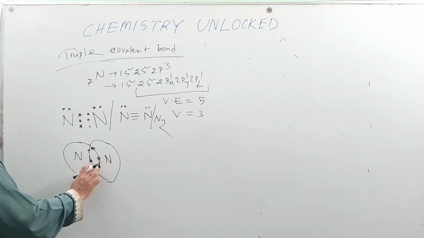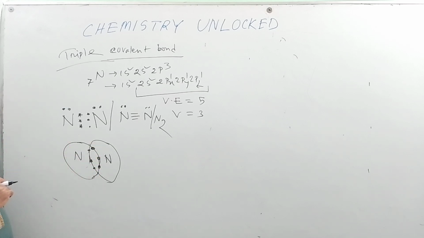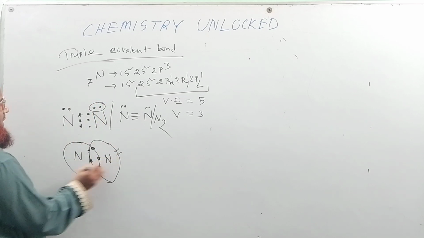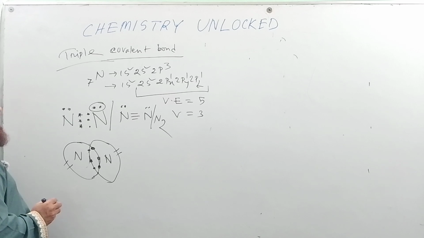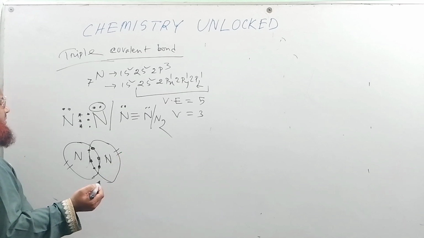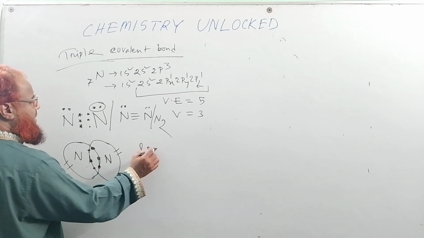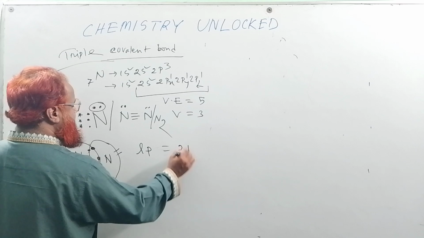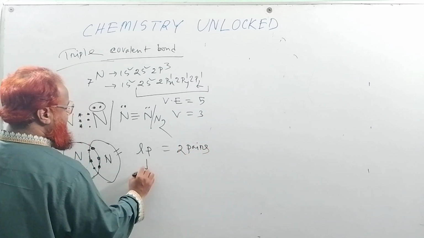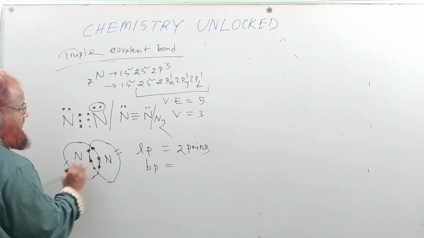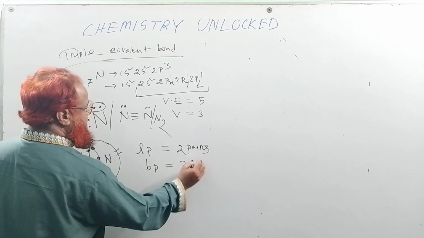This is another single. This is another single. That means the total is a triple covalent bond. So the nitrogen atom will show a triple covalent bond, and here one lone pair and here another lone pair. So this is the diagram for the nitrogen molecule. Okay. So here total lone pairs, LP means lone pair, equal to 2 pairs, and total BP equal to 1, 2 and 3 pairs.